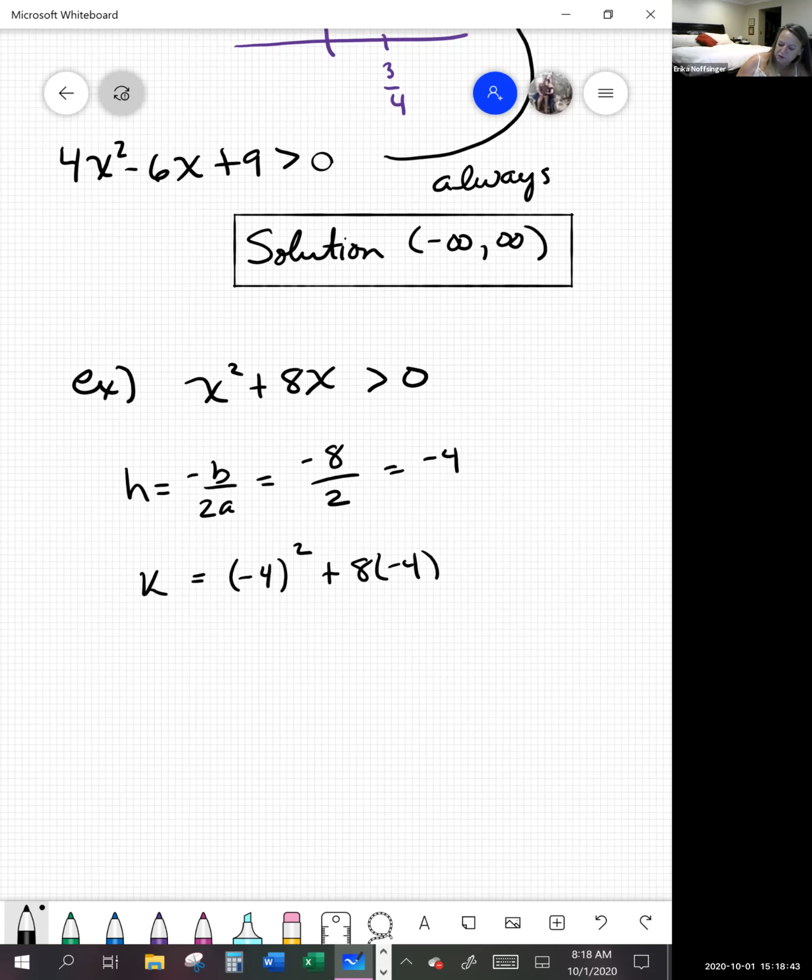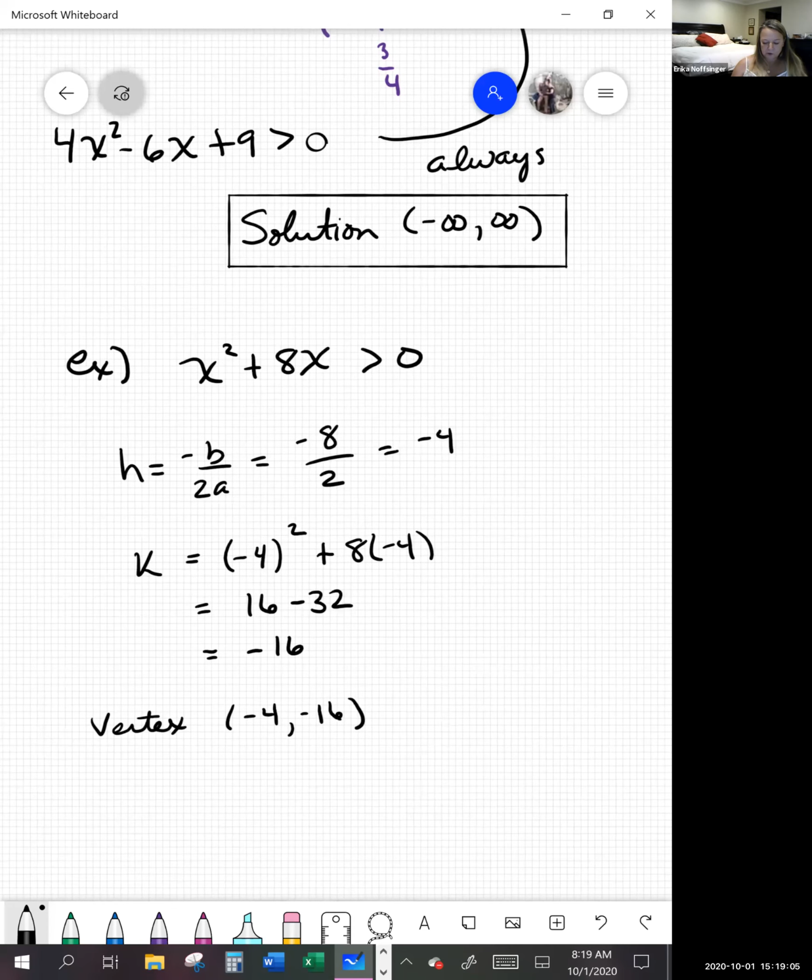So negative 4 squared is 16. 8 times negative 4 is negative 32. So this is negative 16. So our vertex is negative 4, negative 16.